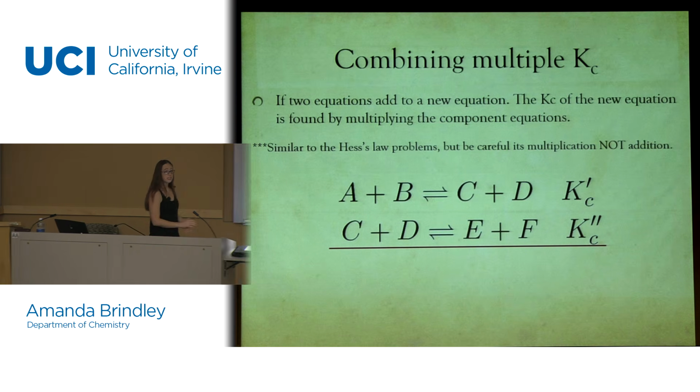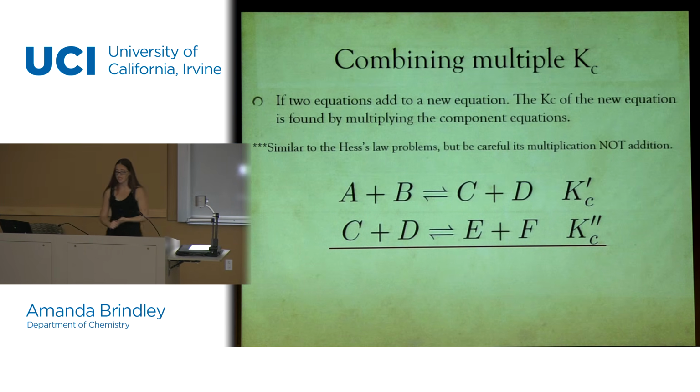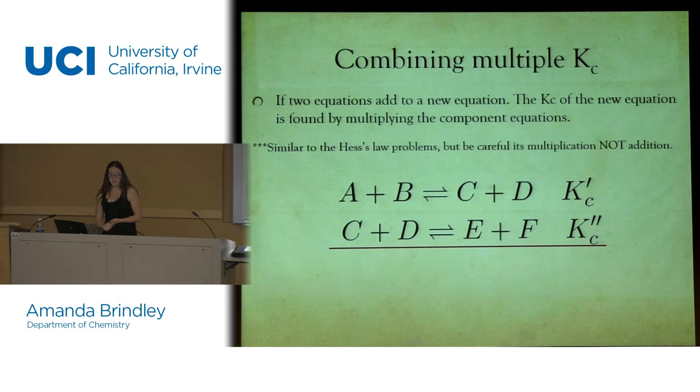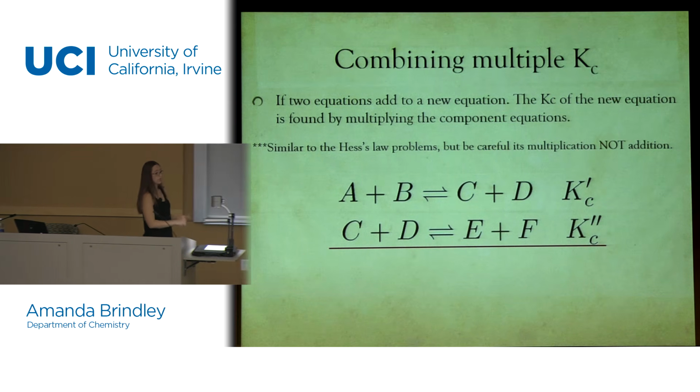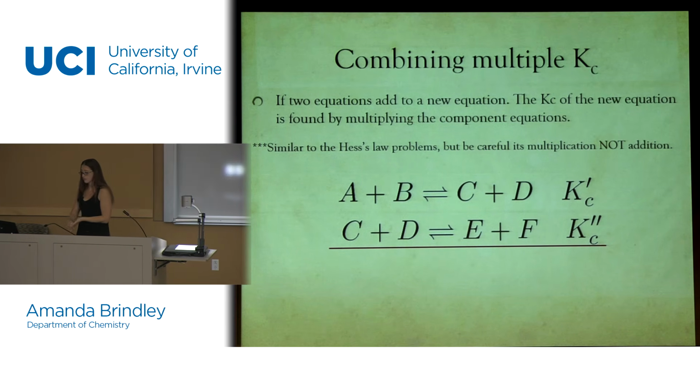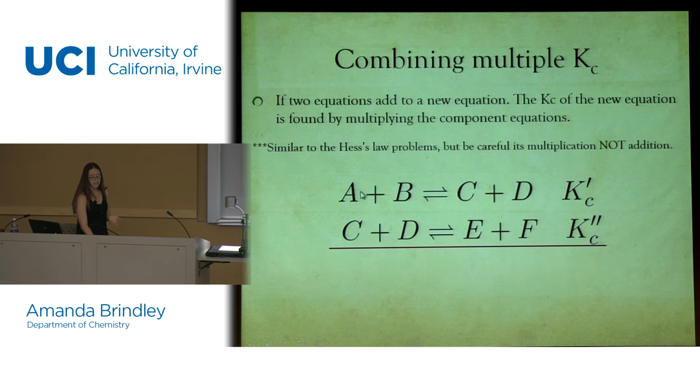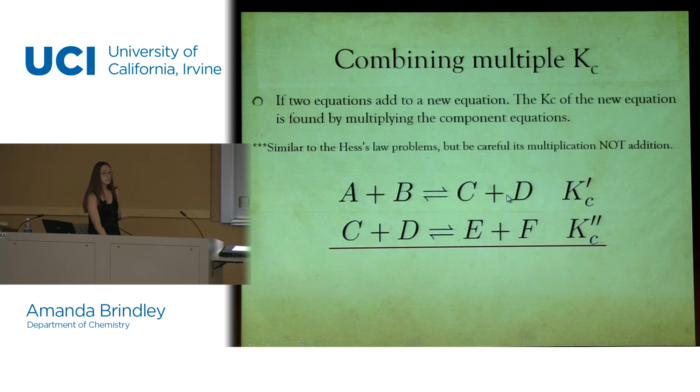Sticking with our really generic reaction, if two equations add to a new equation, you multiply the Kcs. So if two equations add to a new equation, you multiply the Kcs. Here I have AB goes to CD, but then my second equation is CD goes to EF. Now that you've had kinetics, we can talk about something.